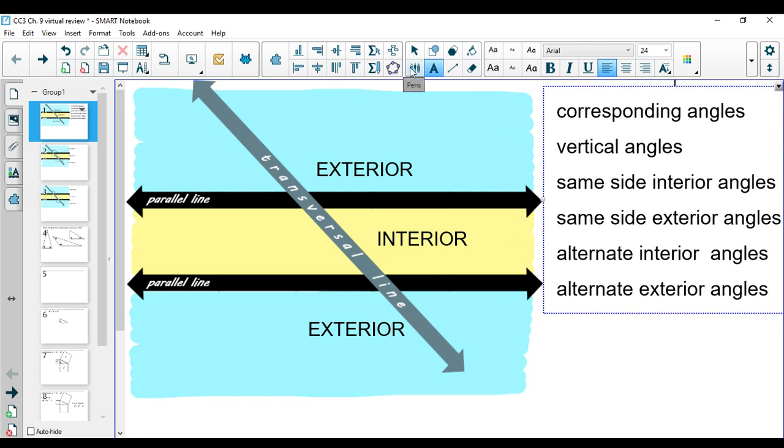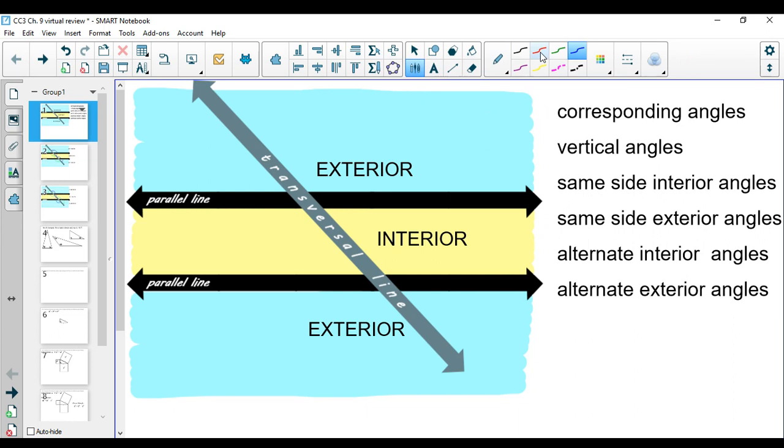Okay, so corresponding angles. Corresponding angles are both in the same location compared to our parallel lines.